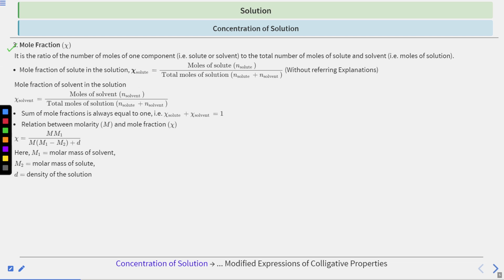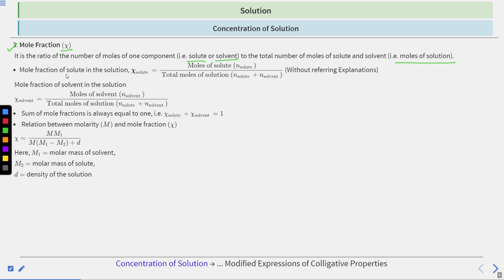Third is mole fraction, denoted by chi, which is a type of X symbol. It is the ratio of the number of moles of one component, either solute or solvent, to the total number of moles of solute and solvent present in the solution. You can say moles of solution.